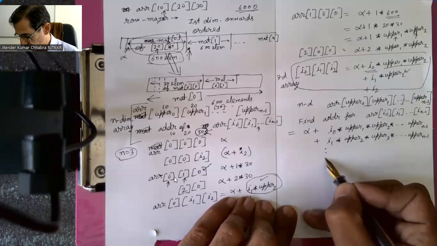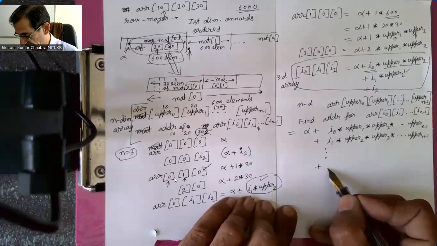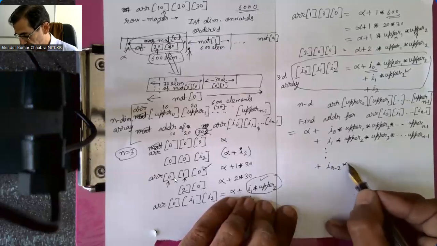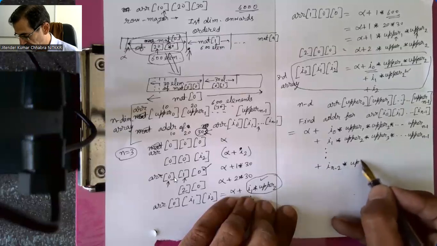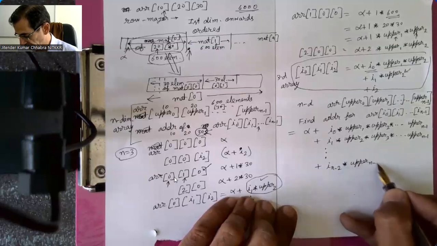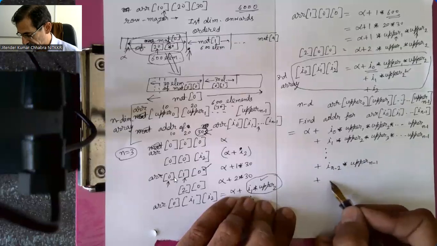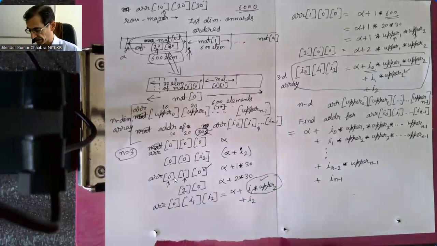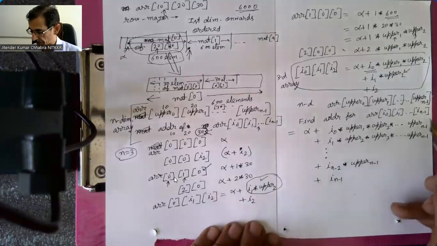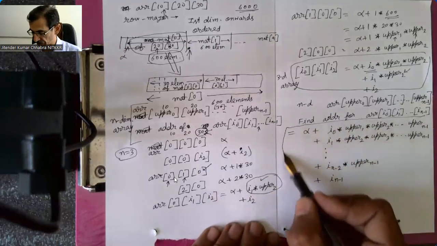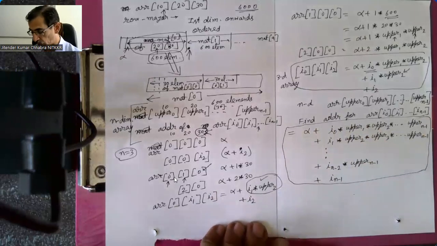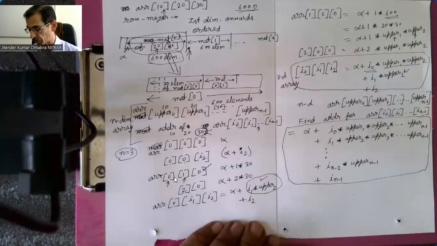And so on, plus the second last term will be I n minus 2 into only one dimension, upper n minus 1, and the last term is I n minus 1 without any upper factor coming into the picture. So this becomes the overall formula for the address of any element of an n-dimensional array.